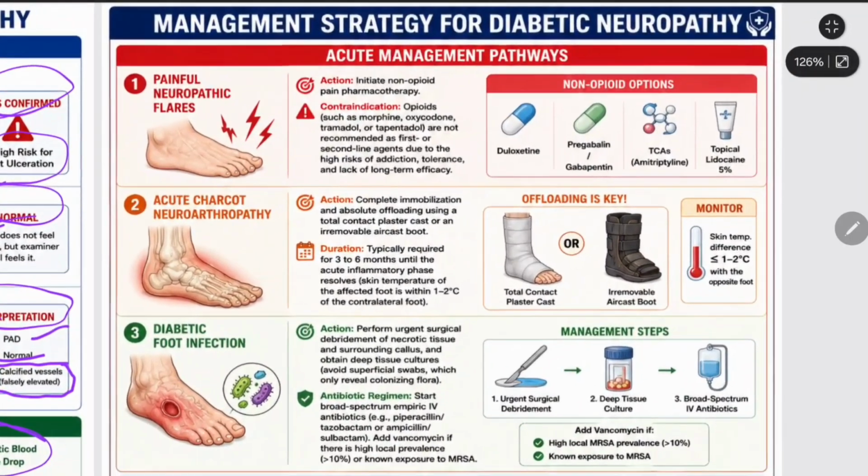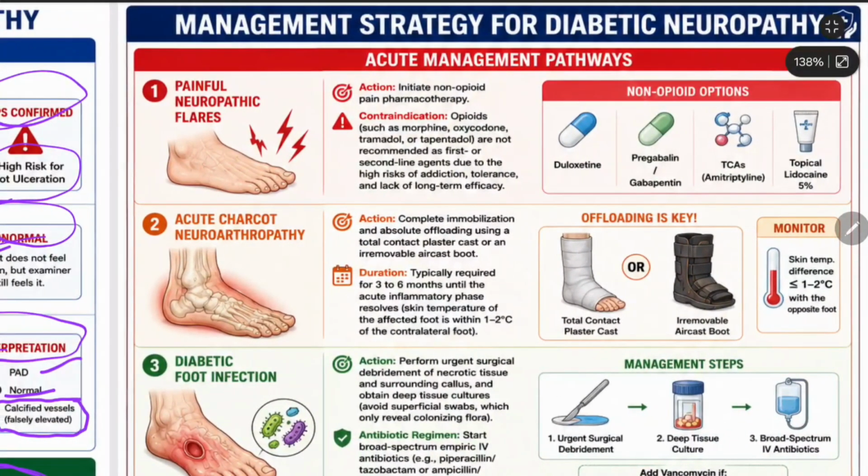Now coming to the management strategy for diabetic neuropathy. It depends upon the presentation of the patient. If the patient presents with painful neuropathic flares, meaning he is having pain, DSPN, distal symmetric polyneuropathy, we should initiate non-opioid pain pharmacotherapy.